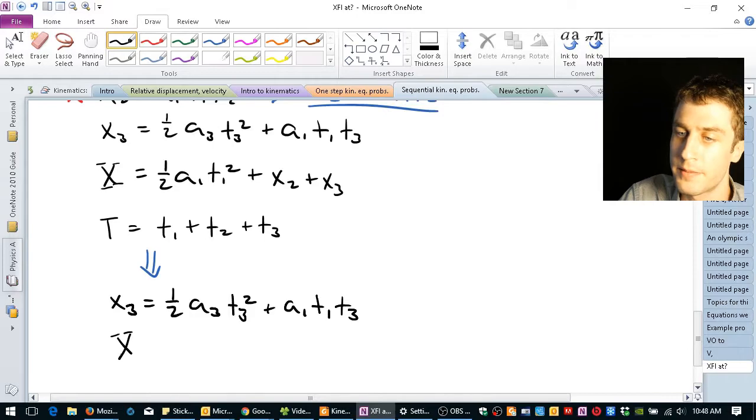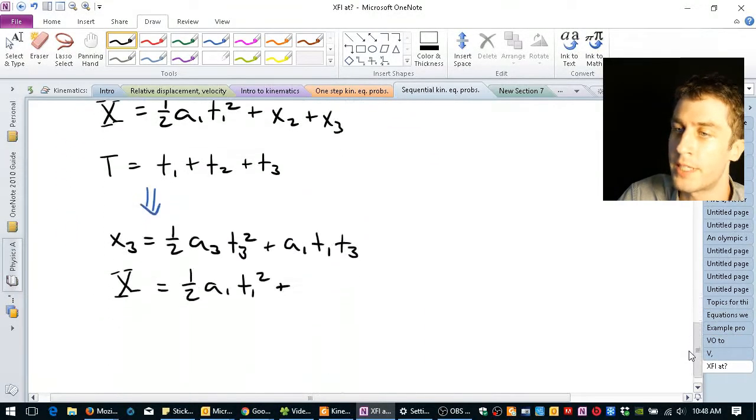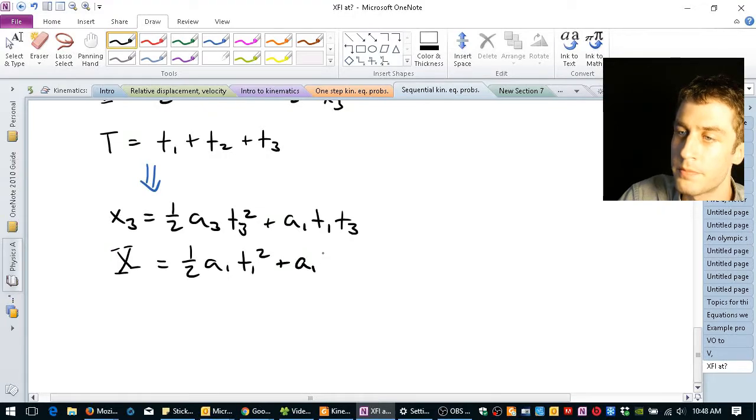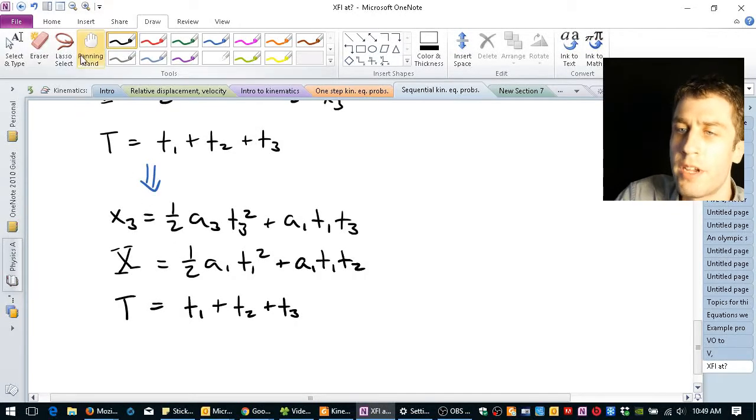Capital X is equal to 1/2 a1 t1 squared plus x2, which we had was a1 t1 t2. Capital T is equal to t1 plus t2 plus t3. 3 equations and 3 variables.